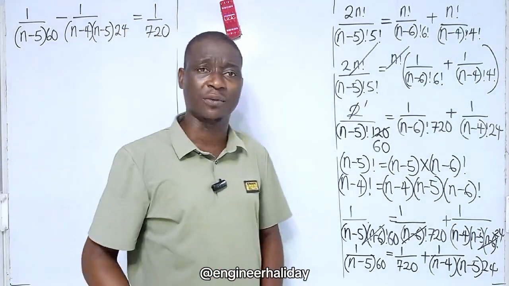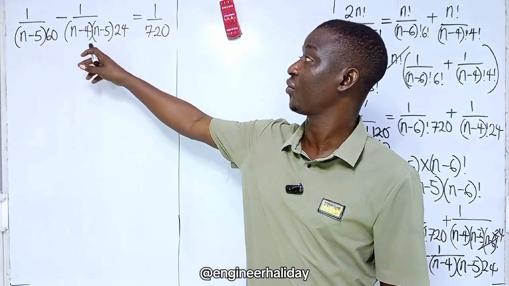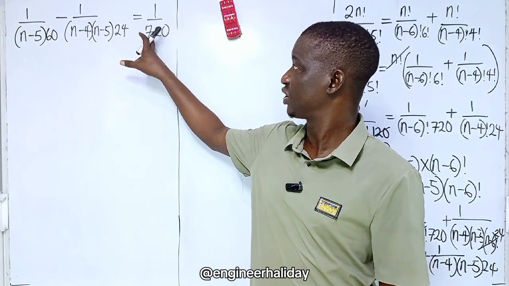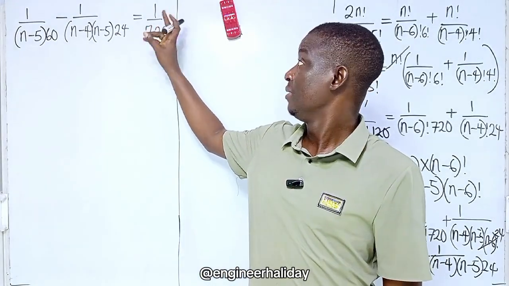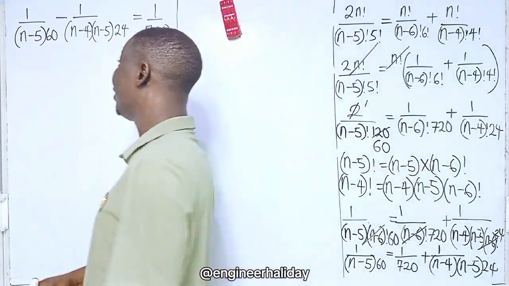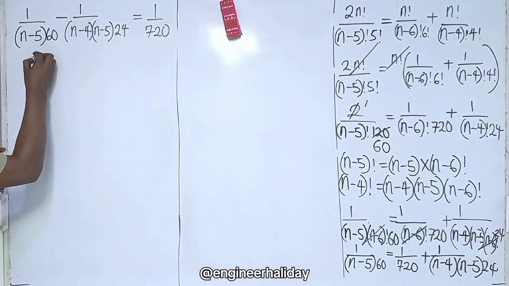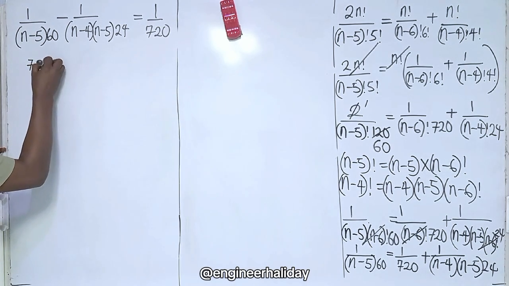Now, once you have gotten to this point, what I will advise us to do is remove this 720 by multiplying all through by 720. So if we multiply, I would have 720 multiplied by what?